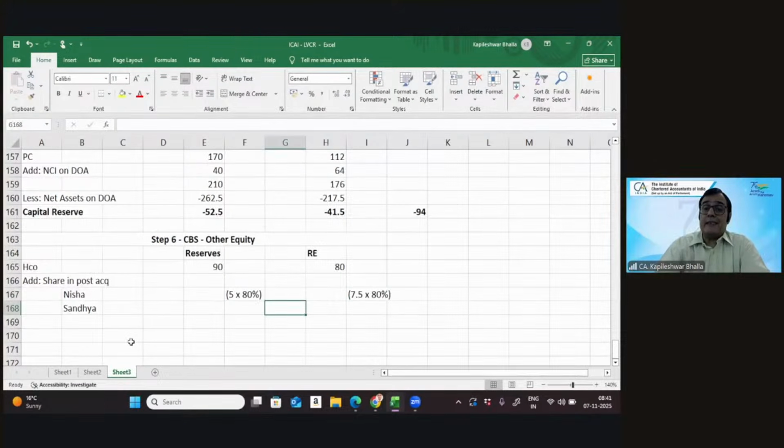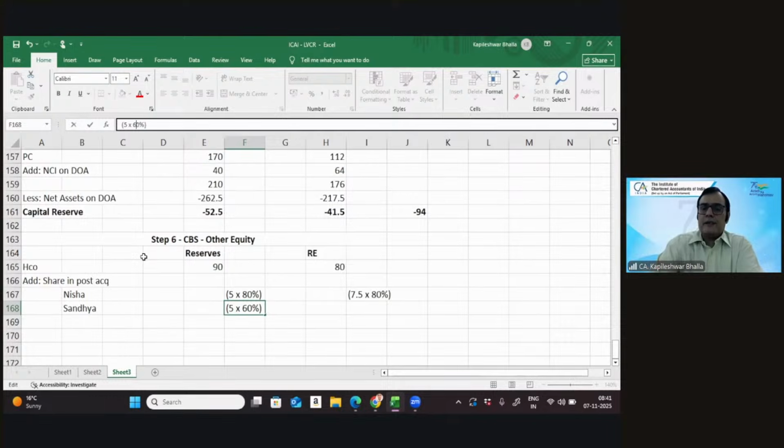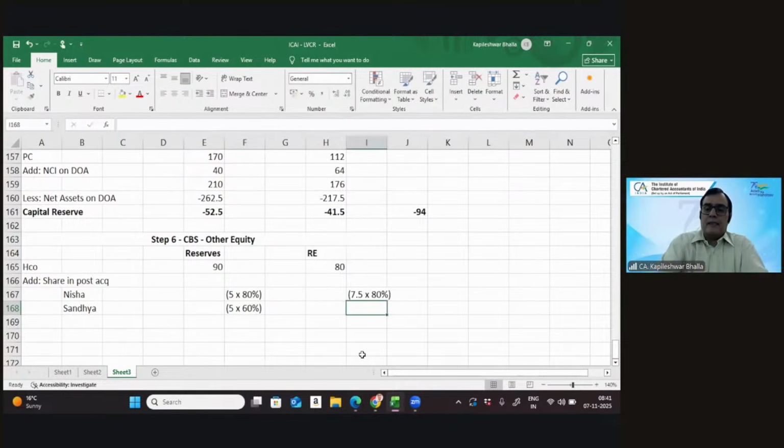And in terms of Sandhya, it is 5 into what percentage? As far as Sandhya is concerned, 75, or are you going to consider 60%? That's right, we need to consider 60%. And this is 6.5 into 60% again.